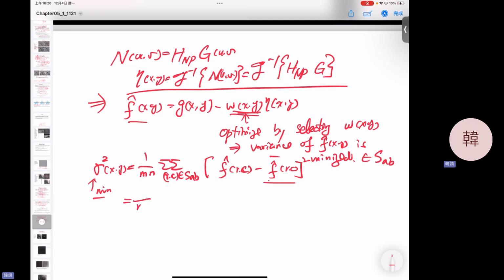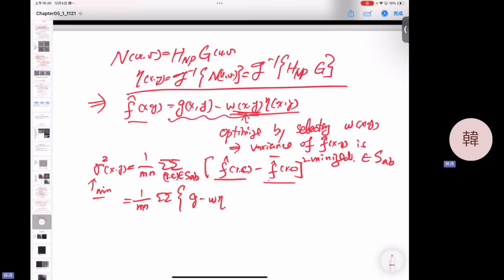So let's write down the details. Here I will skip all the detail. You can write what f hat, your estimate equation, is: G minus W eta, right? It's the previous equation, we just have this estimation G minus W eta.